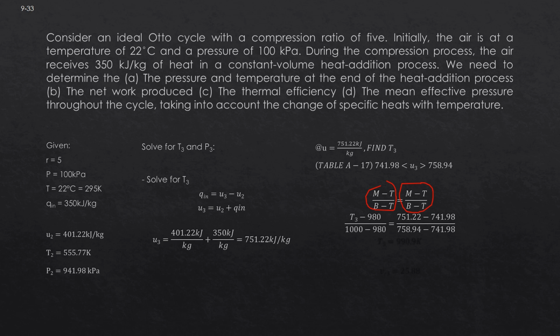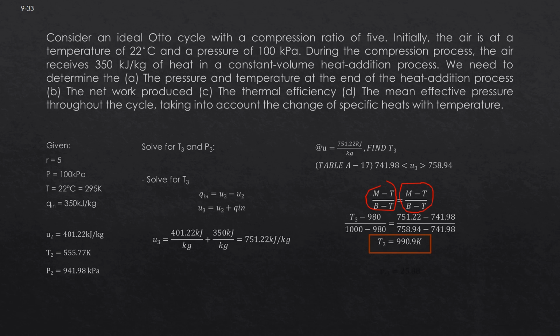our middle temperature at state 3 minus the top temperature 980 over the bottom temperature 1000 minus the top temperature 980 equals our middle internal energy 751.22 minus the top internal energy 741.98 over 758.94, the below internal energy, minus the 741.98, and we will get temperature at state 3 is equal to 990.9 Kelvin, and this will be the temperature at state 3.